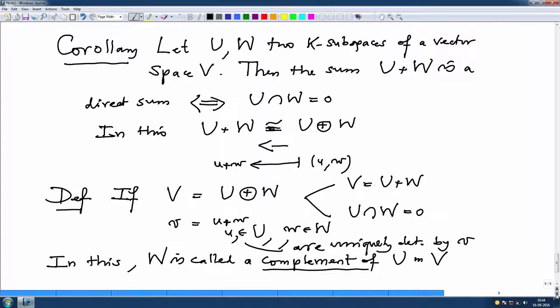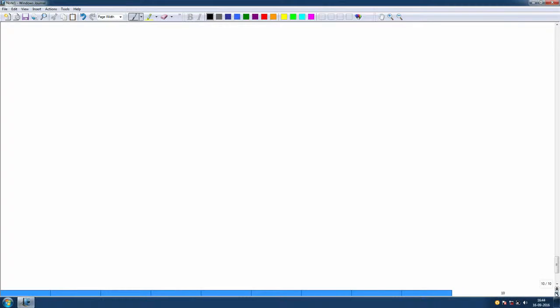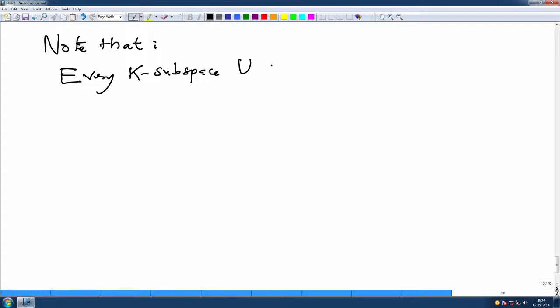So, let me note that in the next page. Note that every K subspace U of V has a complement in V.